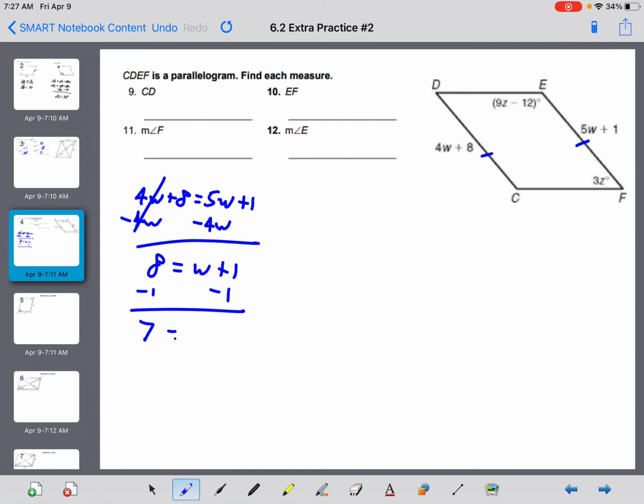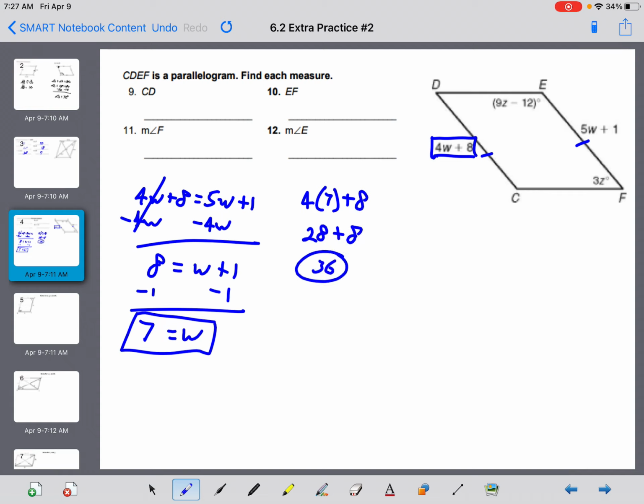Subtract 1 on both sides, and W equals 7. Now we can use this and plug it in to 4W plus 8. So 4 times 7 plus 8 is 28 plus 8, which makes 36. So side CD is 36.